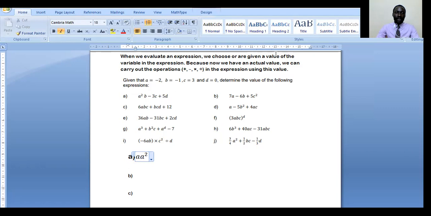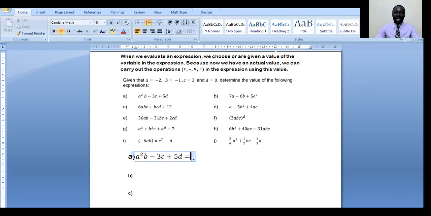How do we then evaluate this? To evaluate this, we substitute the actual values of these variables in the expression, and then we either add or multiply or divide or subtract, and we get the final answer.